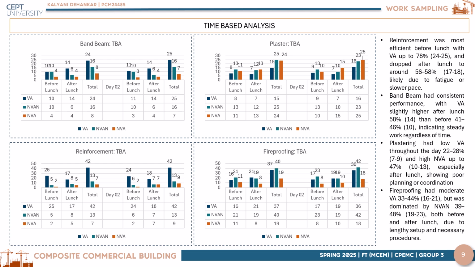Block work had consistent efficiency before and after lunch for both days. Plastering showcased low efficiency throughout both the days. Fireproofing had moderate efficiency before and after lunch, but it was dominated by non-value added but necessary activities due to lengthy setup and procedures.